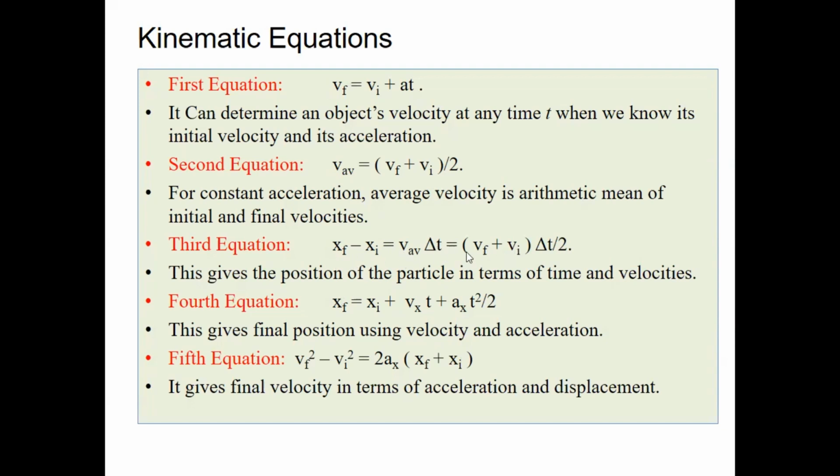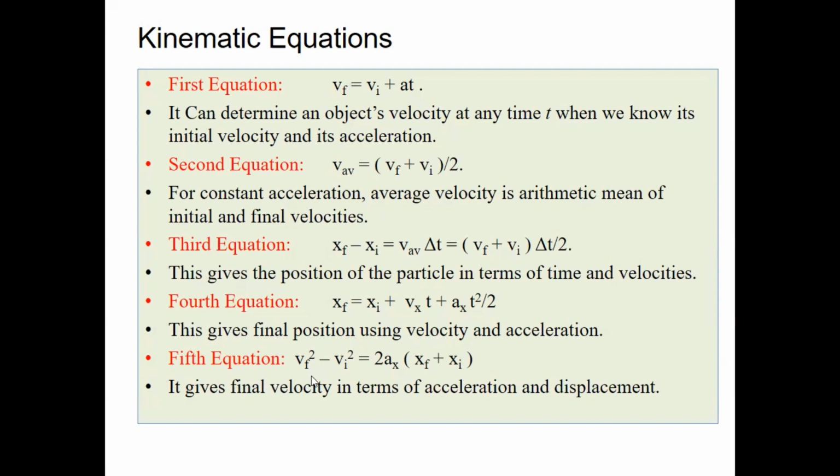The fourth equation gives us the final position in terms of the initial position xi plus velocity along the x-axis multiplied by t plus acceleration in the x direction multiplied by t squared over 2. So this can give us the final position using velocity and acceleration.